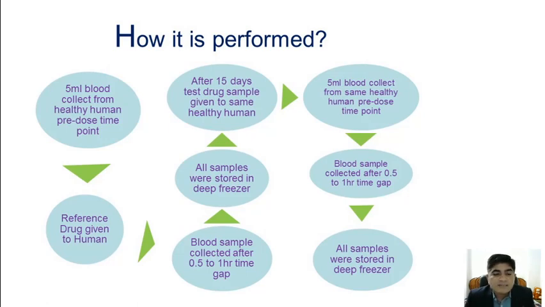And there is no concentration, or zero concentration, of drug available in that sample. So we can prove that the subject is a healthy human and has taken no drug. Next, the reference drug is given to the human, as per the decided dose and the protocol, which means X company's drug is given.